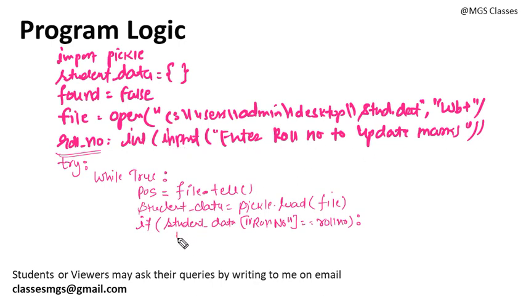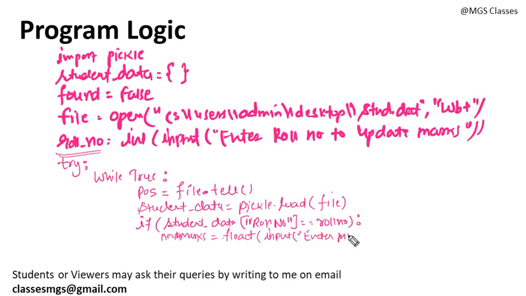So let's create a variable new marks equal to input from the user. If the roll number is found, then only we need to take the updated marks.